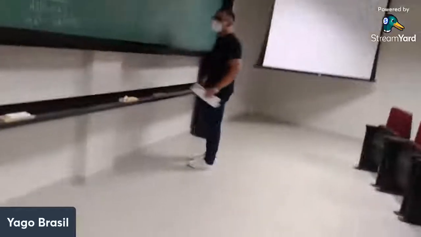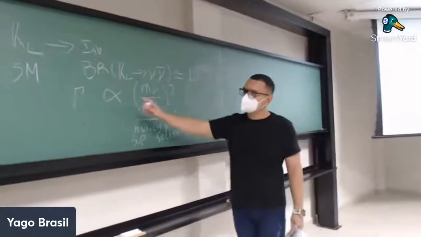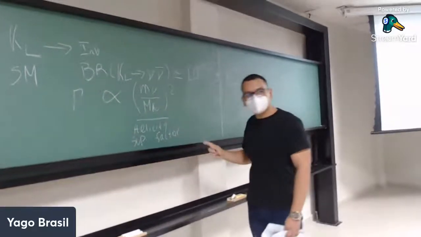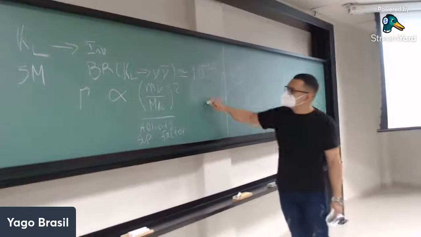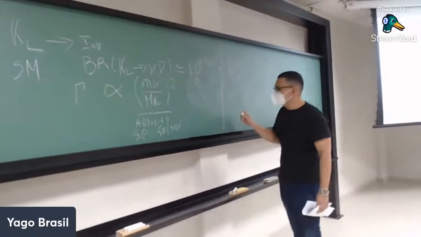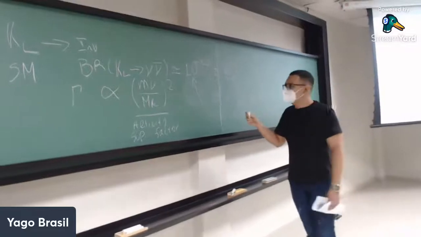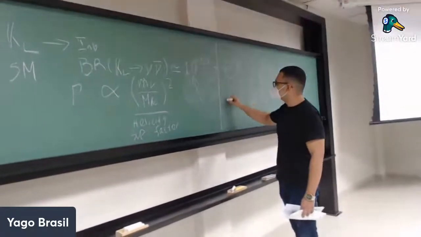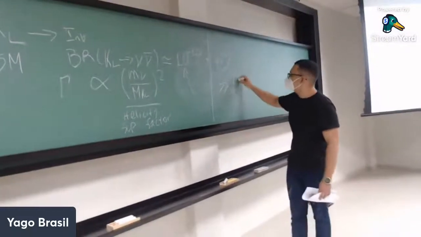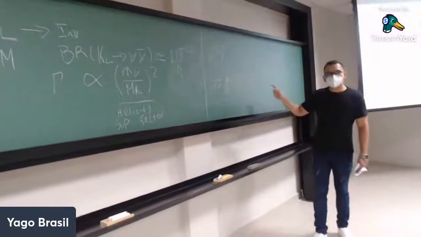All right. So that is the theory. That is the result of the standard model, because we don't have experimental results to relate to that value. So if we have a model beyond the standard model that predicts a value like 10 to minus 10, we have a proof of physics beyond the standard model.